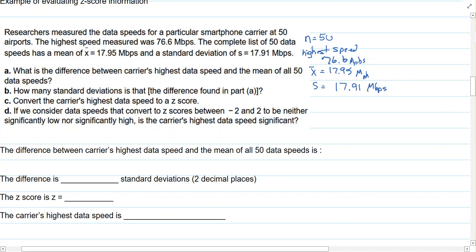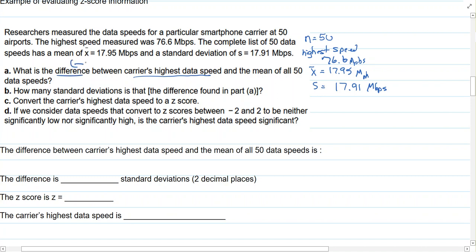Okay. What is the difference between the carrier's highest data speed and the mean of all 50 speeds? All right, well, what are they asking? Okay, so we have to figure out the span between the carrier's highest speed, and the mean.